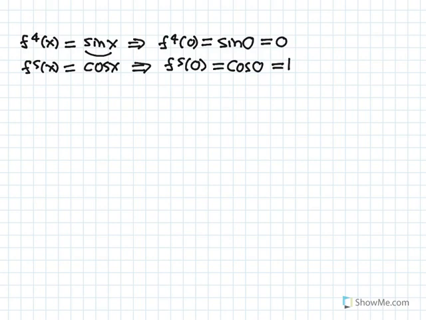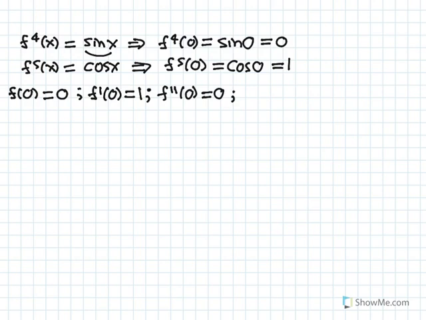So let's now list the derivatives so we can construct the Maclaurin series of sine x. We have f of 0 is equal to 0. We have f prime of 0 is equal to 1. F double prime of 0 is equal to 0. F triple prime of 0 is equal to negative 1.